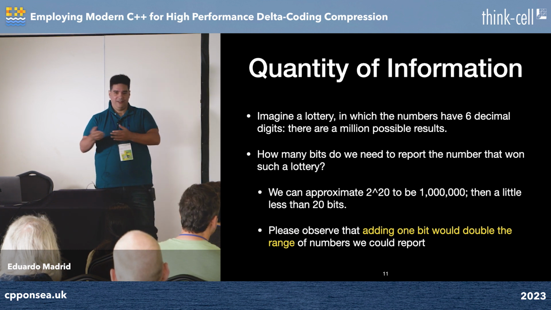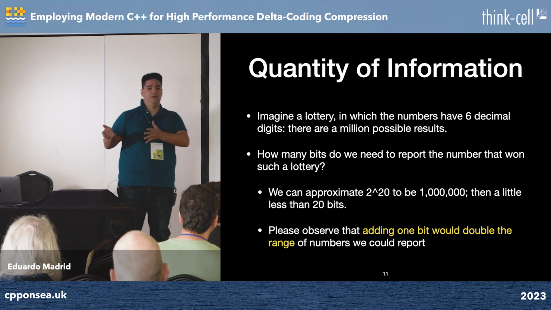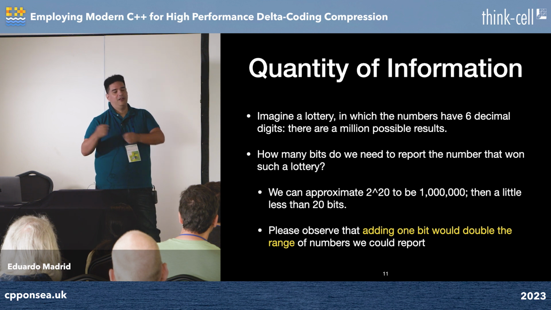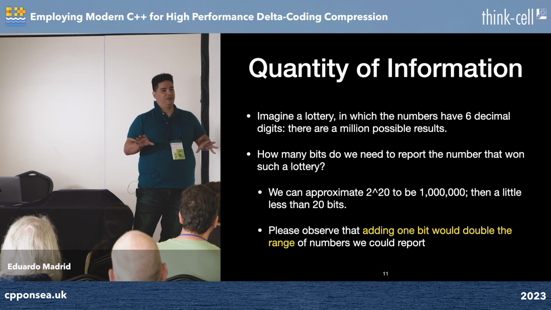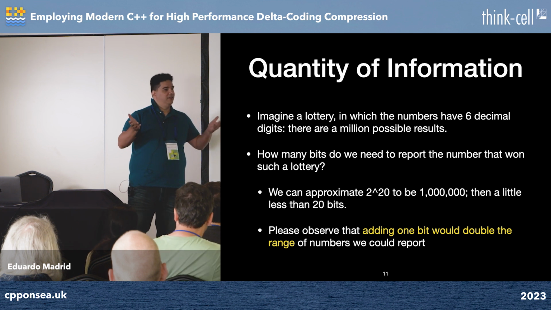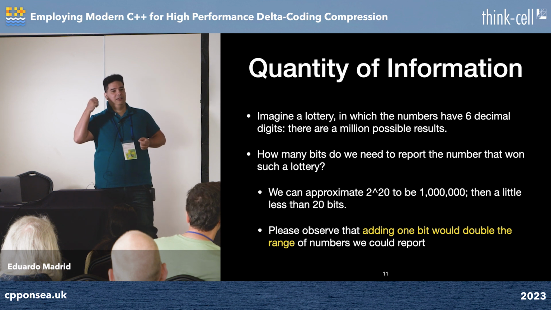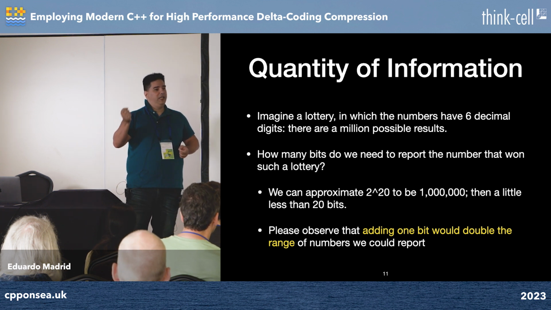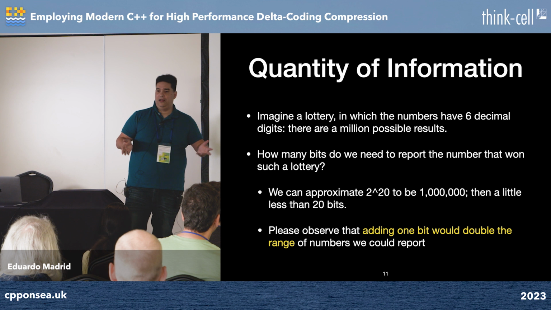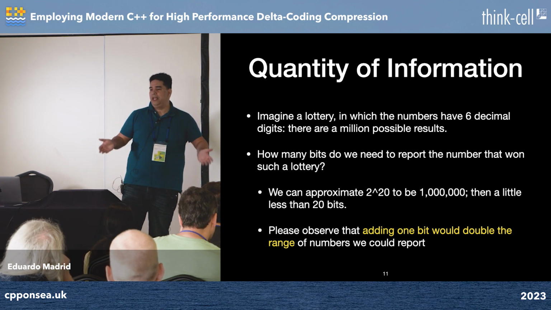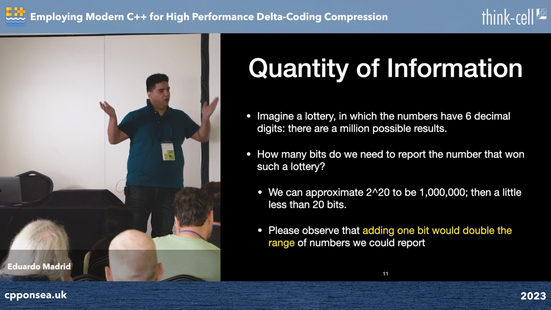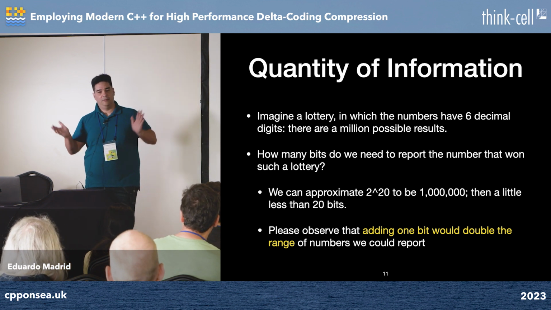They are skimming a little from you if they do it on 10 to the 3 as opposed to 2 to the 10. But anyway, we just need an approximation. We can say that to communicate the winner of a lottery, if there are 1 million possible numbers, we need 20 bits to communicate that information. I hope that nobody objects to this approximation.